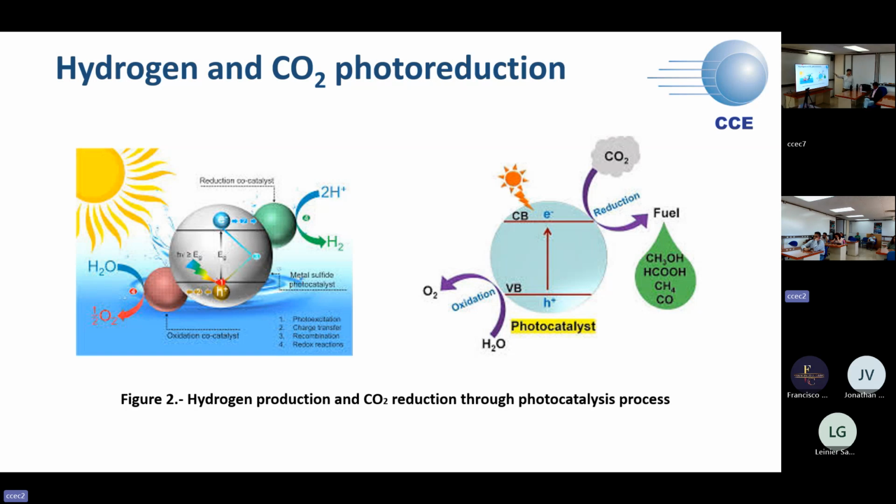The electrons move to the protons, and it becomes hydrogen fuel. In the other band, the holes react with water, and in this case form oxygen and another species that goes to the conduction band and again reacts with the electrons. In the case of photoreduction of carbon dioxide, it's more or less the same process. But I expect that with these pictures, you at least have the idea of the photocatalytic process.